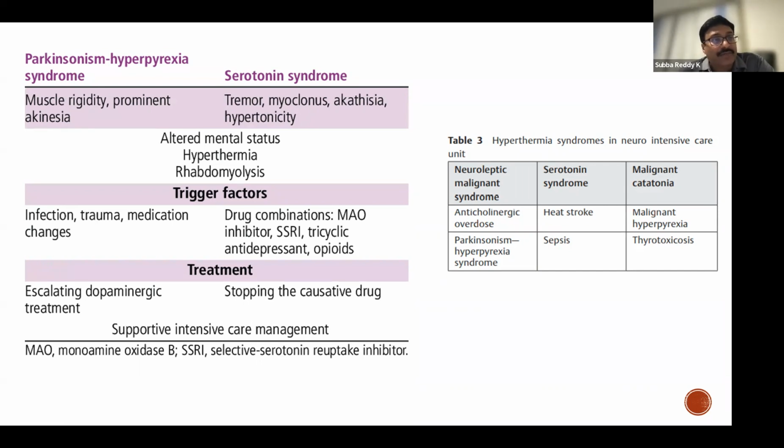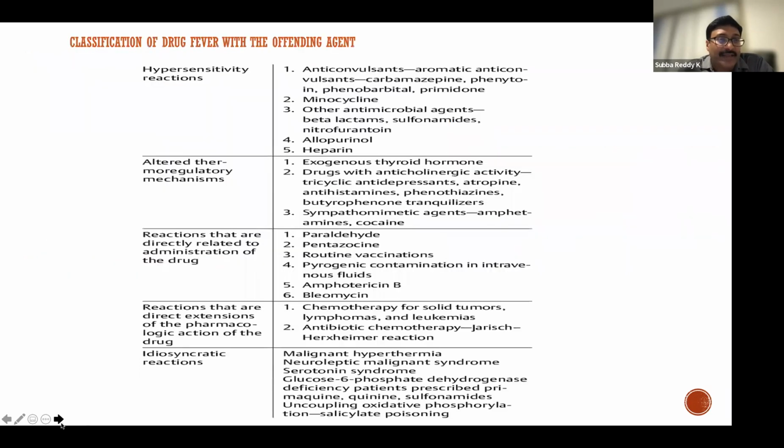The triggers for Parkinsonism hyperpyrexia syndrome are infection, trauma, medication, and the trigger for serotonin syndrome is drug combinations like MAO inhibitors, SSRIs, tricyclic antidepressants, and opioids. Treatment is escalating dopaminergic treatment in Parkinsonism hyperpyrexia syndrome, and in serotonin syndrome we have to stop the causative drug and give supportive intensive care management.